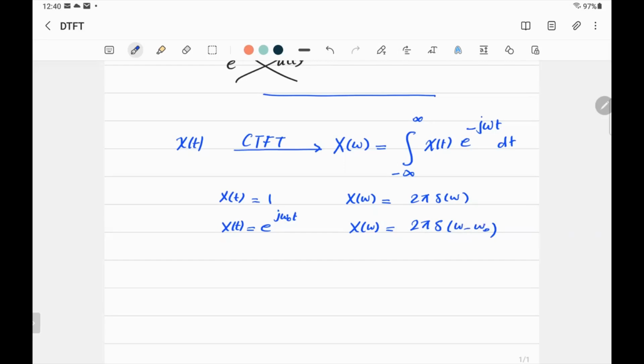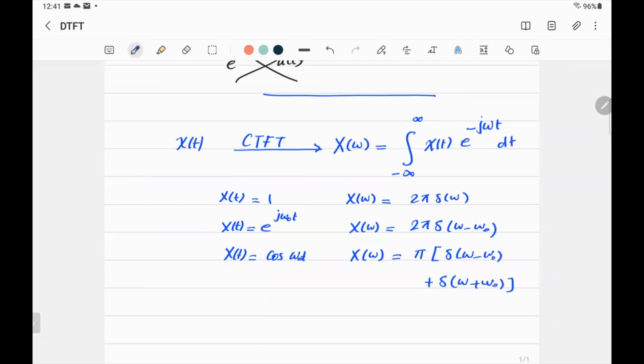I will take one more. If x of t equals cosine omega naught t, the corresponding Fourier transform equals 2 pi delta omega minus omega naught plus delta omega plus omega naught.